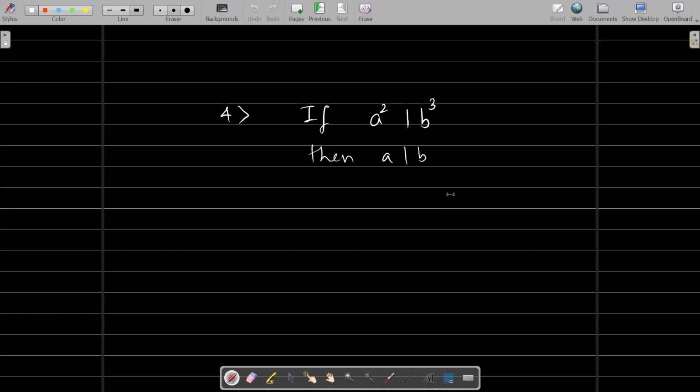Those who are writing false, try to produce one counterexample. And those who are writing true, you have to give some logical argument.